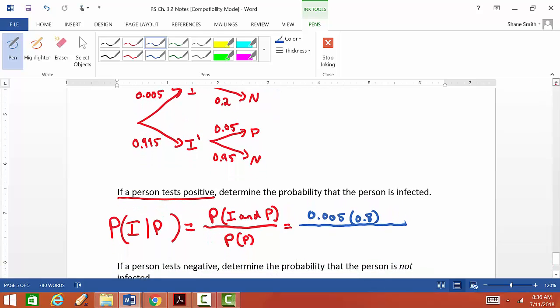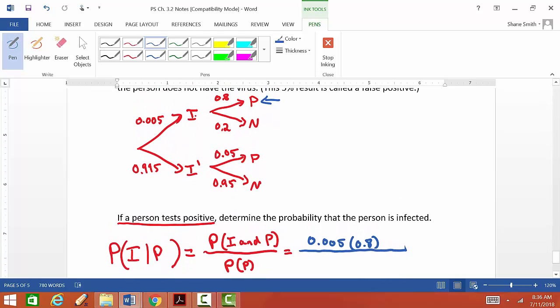Now, the probability of getting a positive result, there's actually two ways. I can be infected and get a positive result, or, and this is why I like to talk about the addition rule first, or I can be not infected and get a positive result. Well, the probability of getting infected and a positive result is exactly what the numerator is.